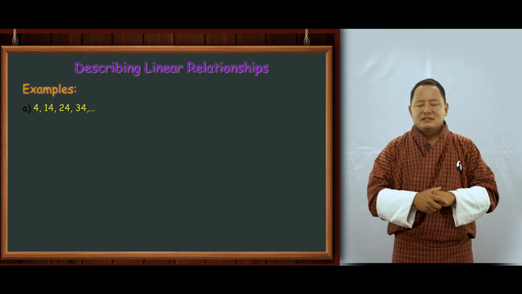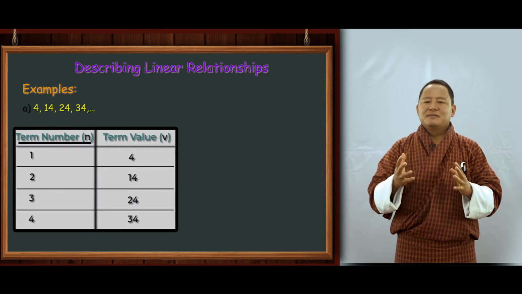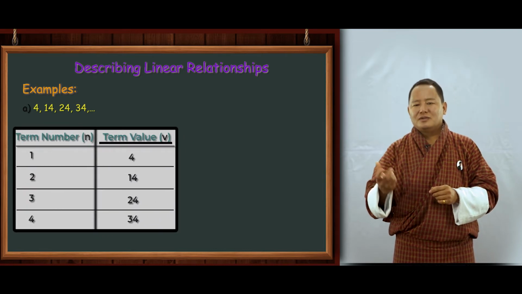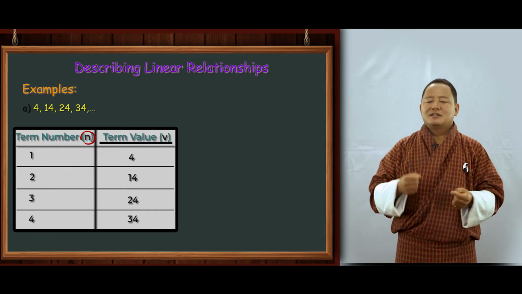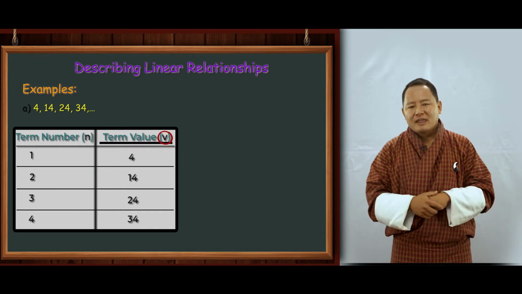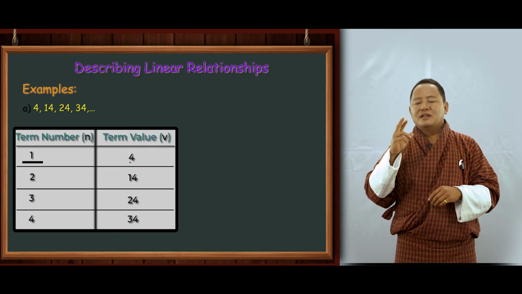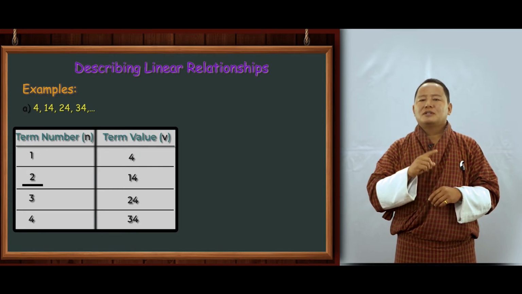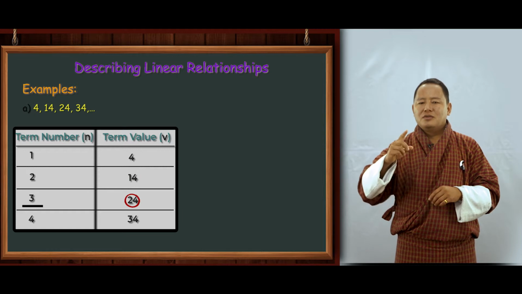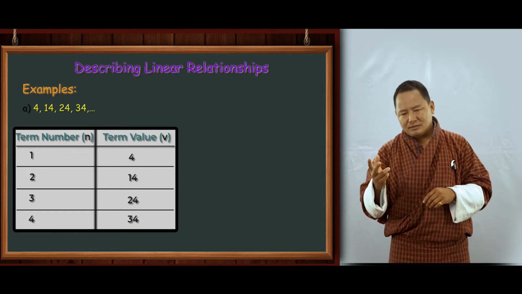Okay, so first let us look at example A, relation A. In this case, I have used term number and term value. Term number is represented by n, term value is represented by v. So for term number 1, the term value is 4. For term number 2, the term value is 14. For 3, 24, and for 4, 34. Somewhat like this, right?